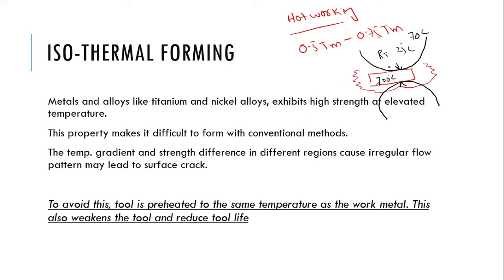Because of this sharp temperature gradient between them, there's a rapid heat transfer from the material to the tool. So there are two primary disadvantages of this. The first thing is it reduces the tool life, as we have studied in the disadvantages of hot working.